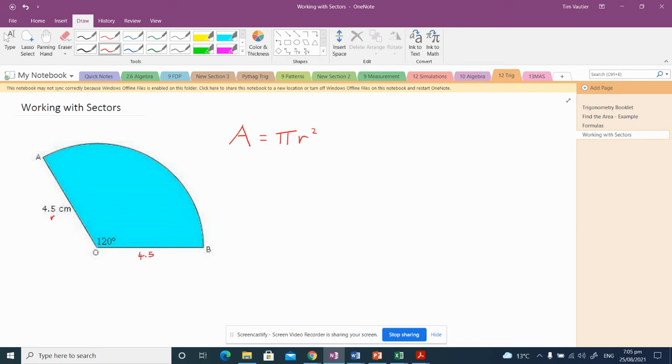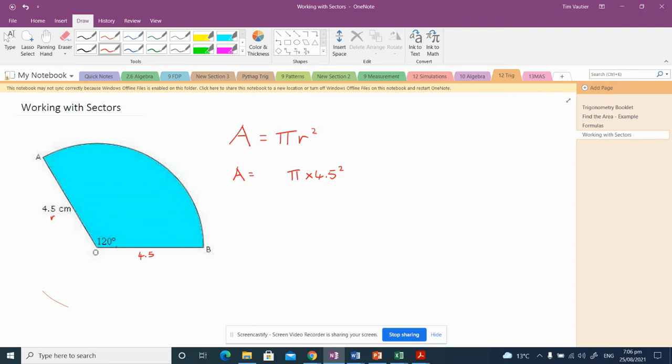So if we have a sector and we know one of the sides, the other side is going to be the same. Now, in terms of finding the area, if we imagine that it was a full circle, the calculation would be pi times 4.5 squared, and that would give us the area of the full circle. Since we don't have a full circle, we've got a chunk out of the circle, we can multiply by the fraction of the circle that we have.